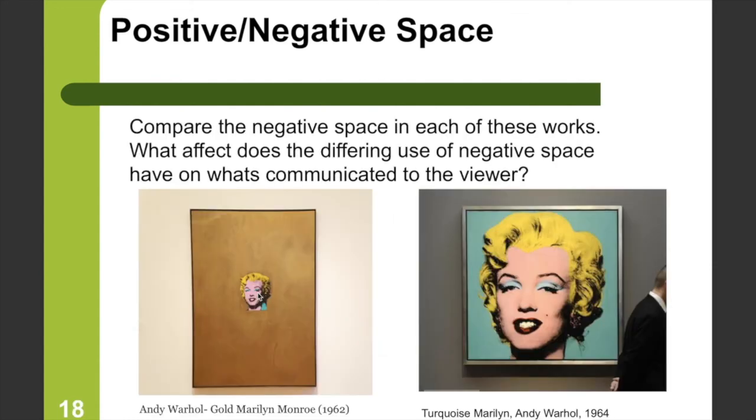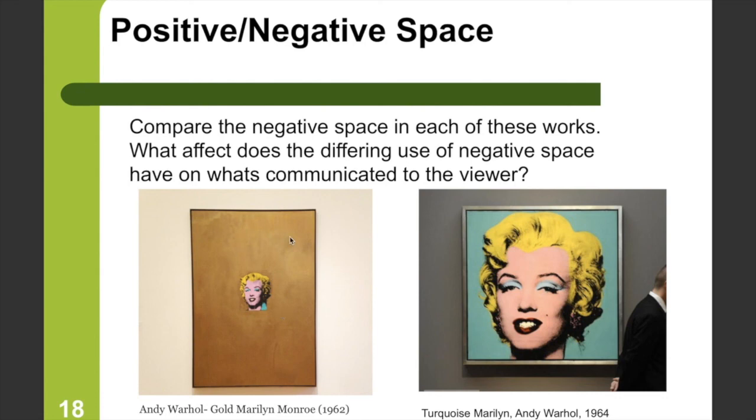Here's an example of two artworks. I want you to consider how the differences in the negative space in the two create a different effect on the viewer. Let's ignore the difference in the color and just focus on the fact that there's a small Marilyn here that's surrounded by a large negative space, and then there's a larger Marilyn here surrounded by a small negative space. So the relationship between the positive and negative space is different in each.